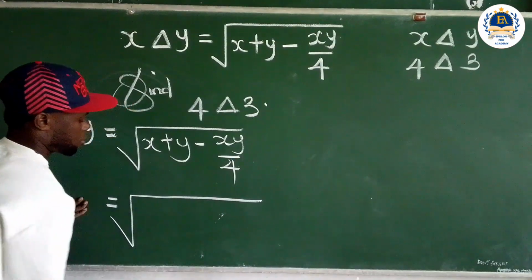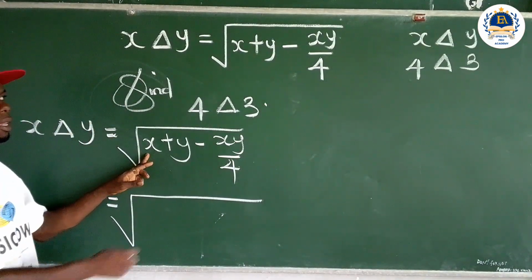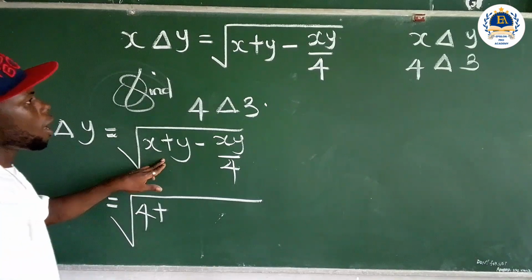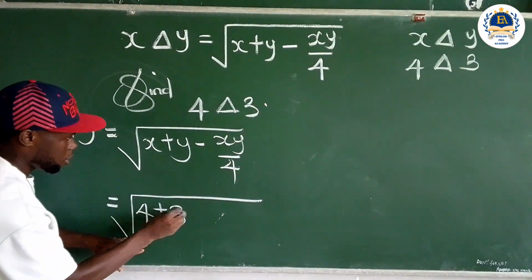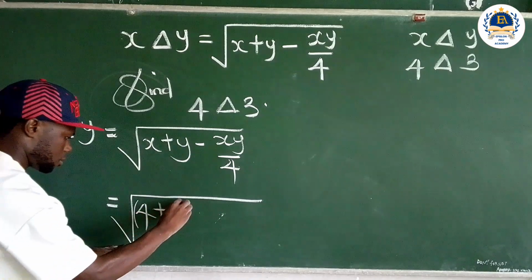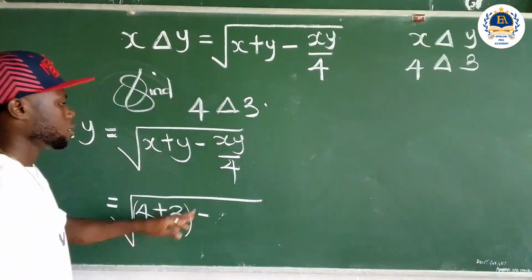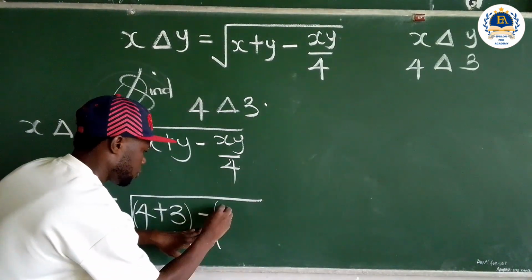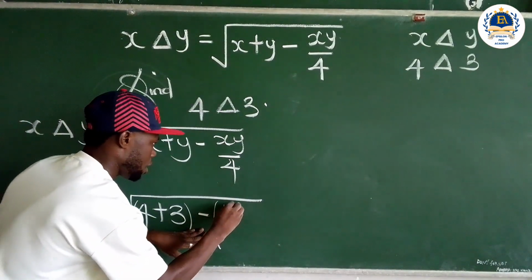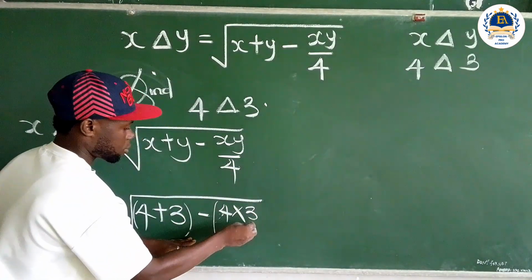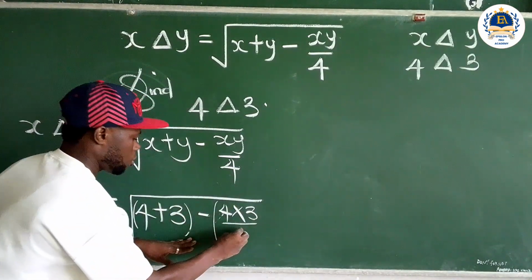By comparison, x is 4, so we have 4 plus, and y is 3, 3 minus, let me put this in brackets, minus x is 4, 4 times y is 3, all divided by 4.